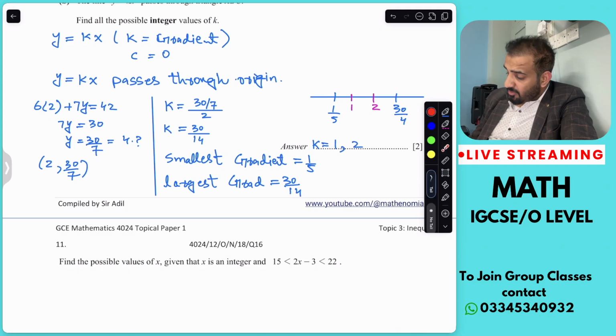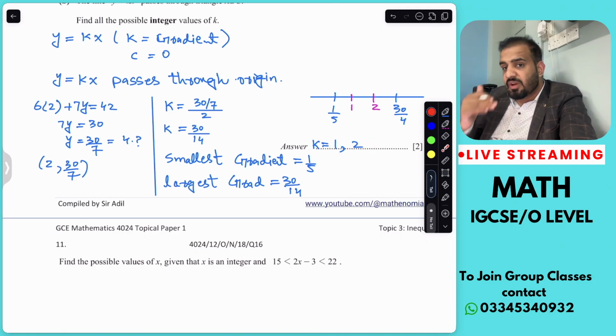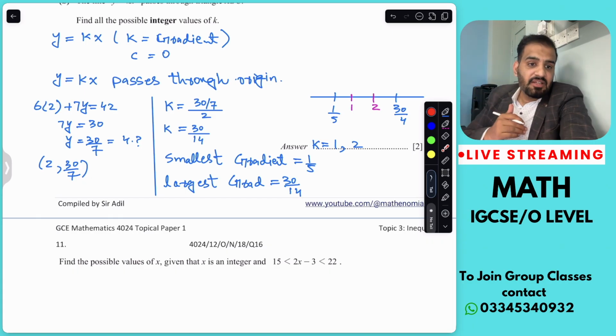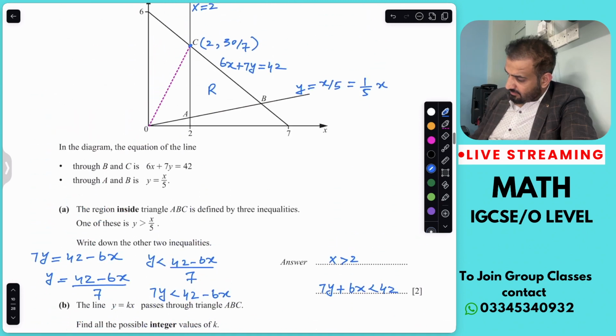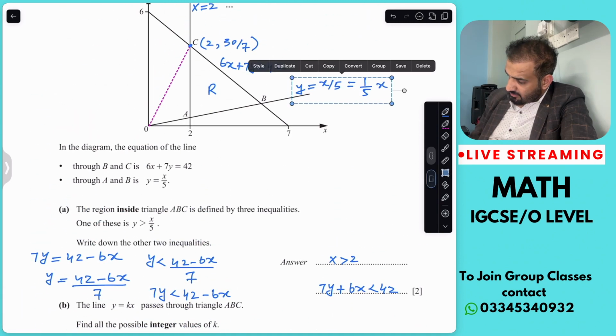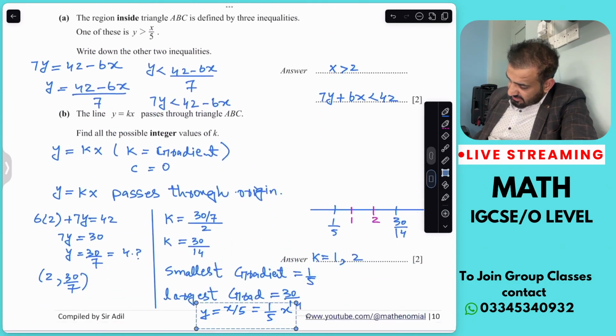These are all the possibilities of the gradients which are integers and lie between 1 over 5 till 30 over 14. ठीक है? ये हम स्टेप नीचे कर देते हैं ताकि आपको याद रहे.